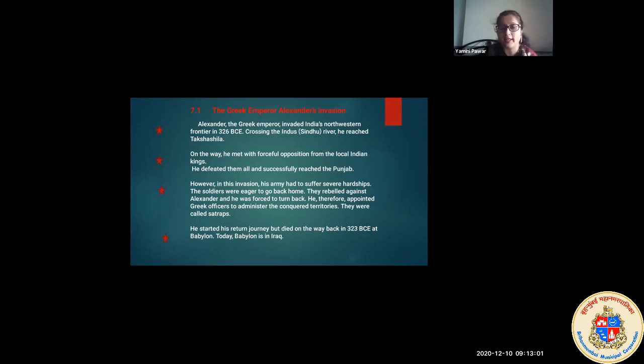Means they don't only take care of their own territory, but they also fight and go beyond and start conquering, winning. That is known as invasion. Okay, so our first point is Alexander, the Greek emperor, invaded India's northwest frontier in 326 BCE. In 326 BCE, he started fronting. Fronting means he started going further.